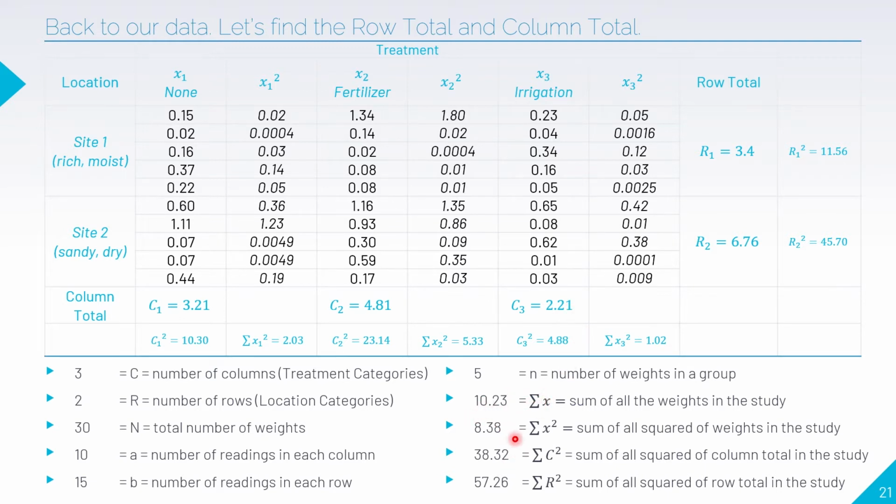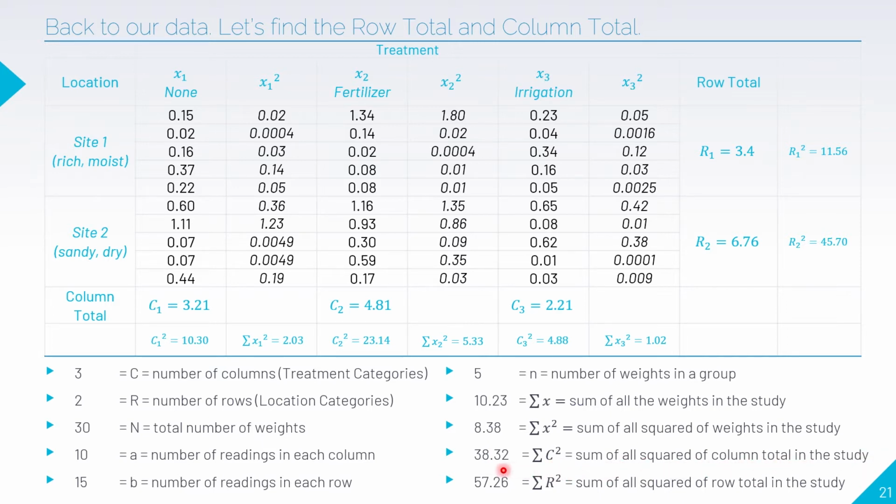Next, we have our summation of X squared. Since we did it earlier, we have our X squared 2.03 plus 5.33 plus 1.02, and we have 8.38 as our summation of X squared. Next, the summation of our C squared, or the sum of all squared of the column total in the study.